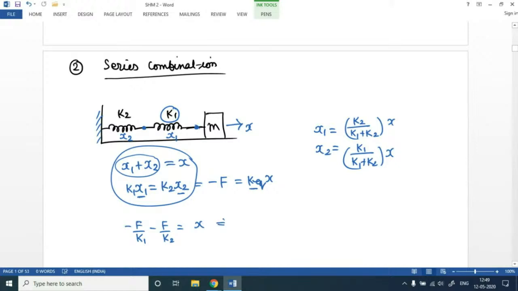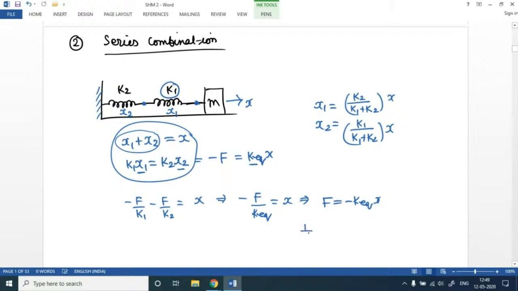So that simply gives us minus F by k equivalent is equal to x, or F is equal to minus k equivalent into x, where you should realize 1 by k equivalent is equal to 1 by k1 plus 1 by k2.